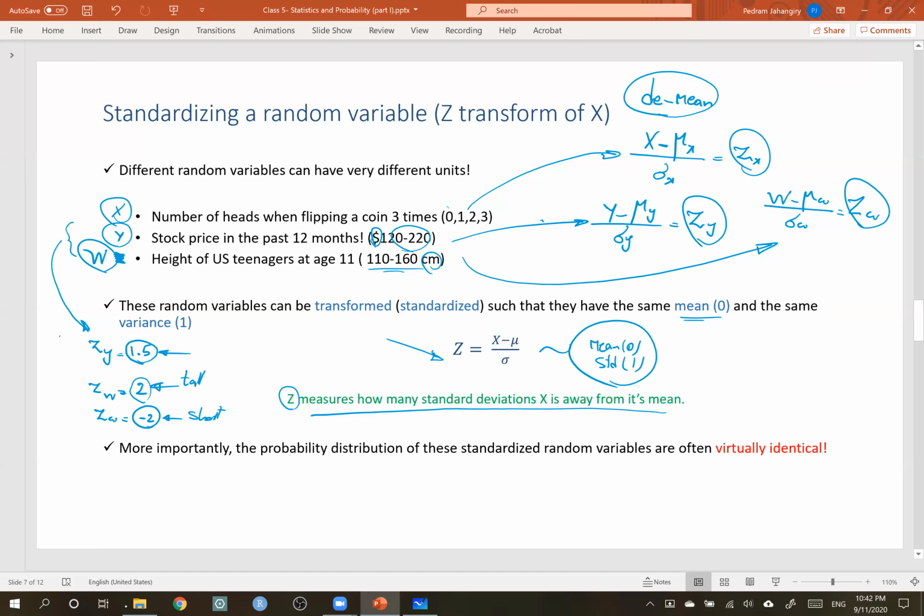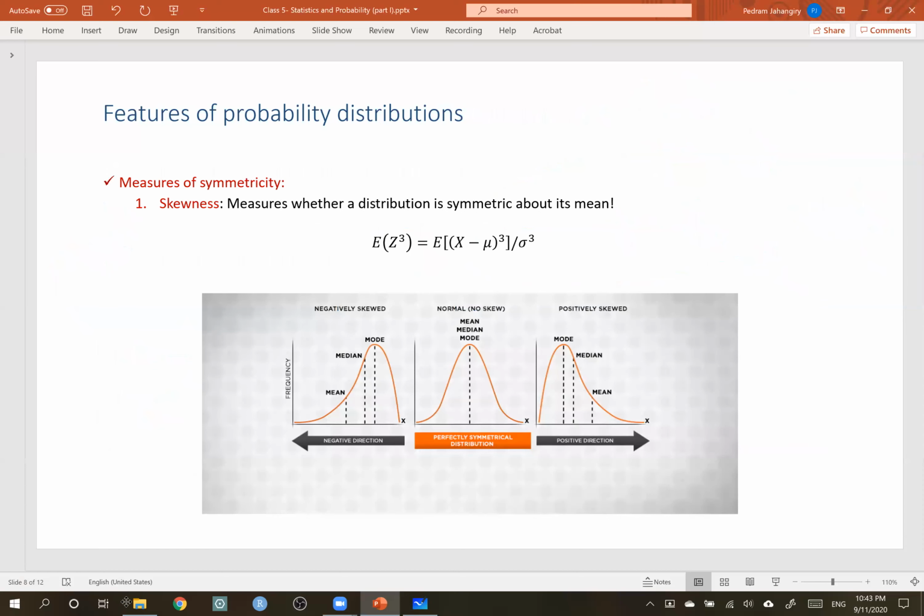And more importantly, the probability distributions of these standardized random variables are often virtually identical. We're going to talk about it next class when you see the normal distribution. So this Z standard, all of them have normal distribution. That's why we say it's virtually identical. All right, so let's move on.